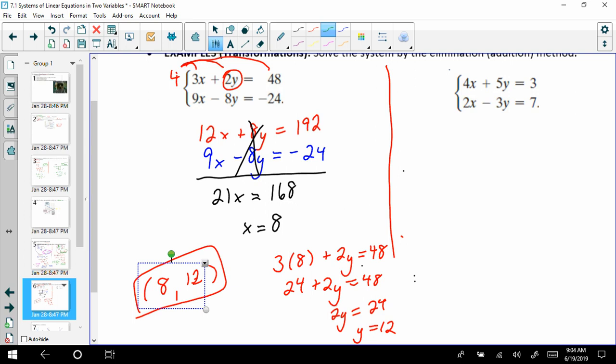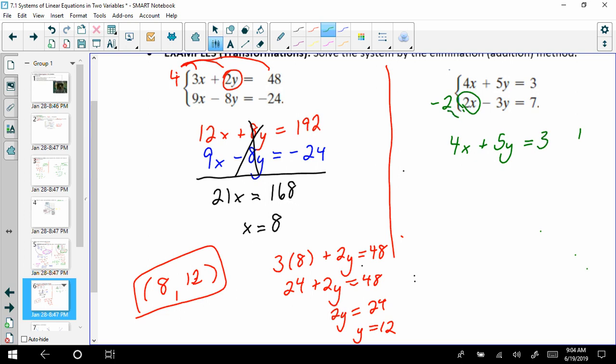So if I wanted to cancel the x's, notice the top one is a 4x and the bottom one is a 2x. What would I have to give to this bottom guy so that it would cancel with 4x? Hopefully you say we're going to have to give it a -2, because then it would become -4x and then it's going to cancel. So I'm going to leave the top equation alone.